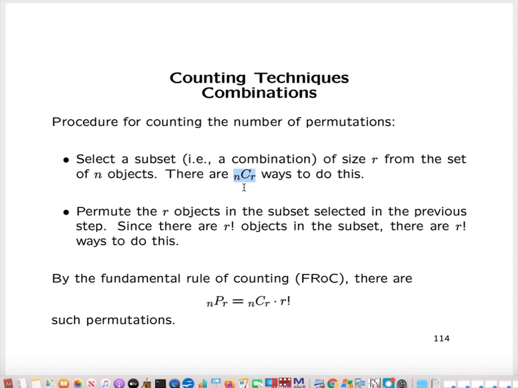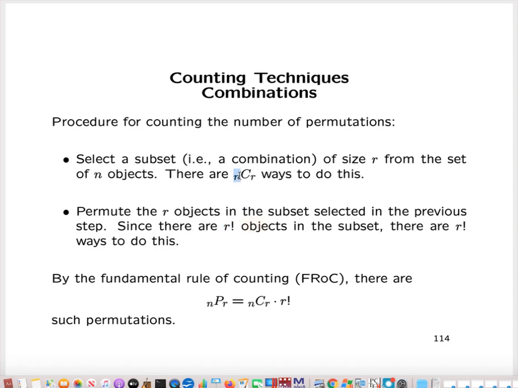Now, once we've selected that unordered subset, in order to get a permutation, we need to permute or arrange the R objects. And the number of ways that we can do that is R factorial, because we've got R objects that have been selected. So once we select our unordered subset of R objects, then step 2 is to arrange those.